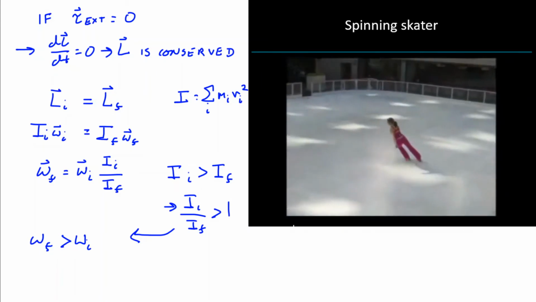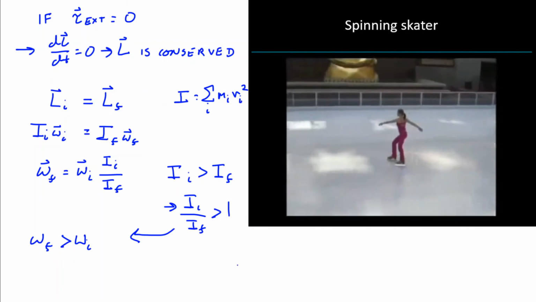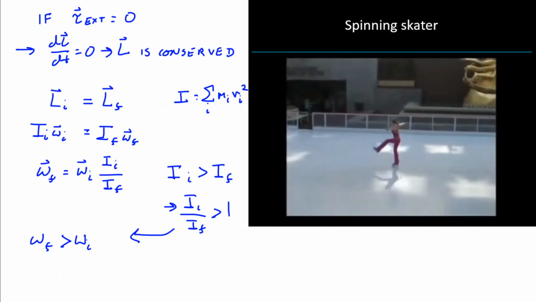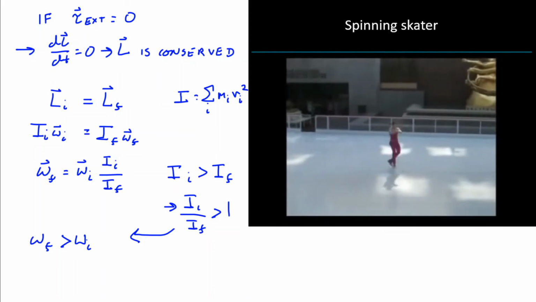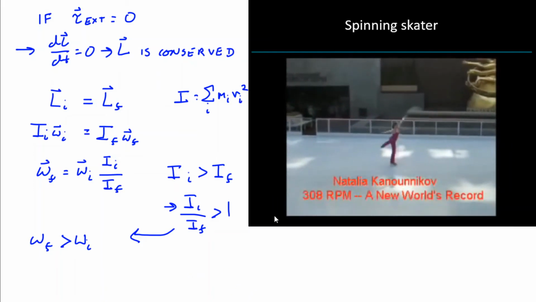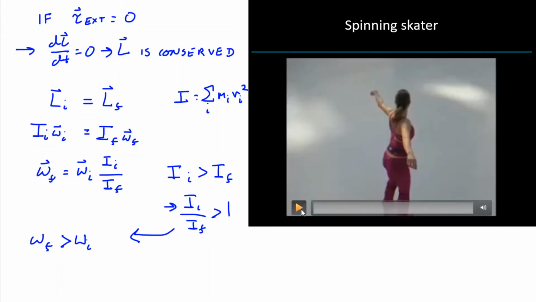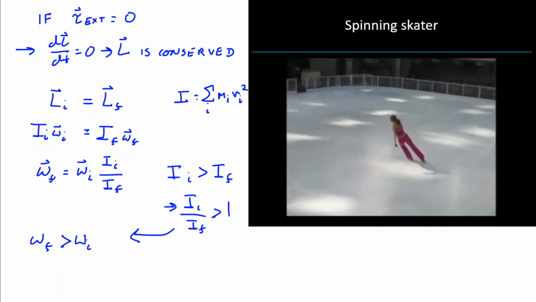She's skating, she's building up some linear momentum, which she converts into angular momentum with her arms and legs out, so she has a big moment of inertia. She pulls them in, her moment of inertia decreases, which means her angular velocity has to increase in order to maintain the same angular momentum, in order to conserve angular momentum.